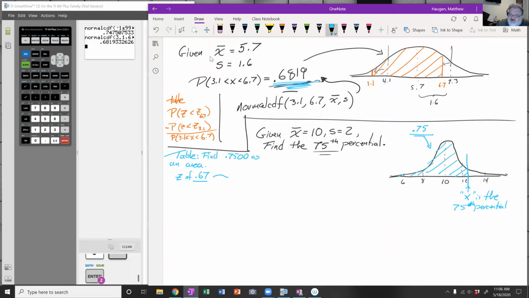Okay, given a z-score, we should be able to find our value. Got to go from a z-score to a value with our equation for z-scores. We know z is equal to the value minus the mean over the standard deviation. So if our z-score is 0.67 and our mean was 10 and our standard deviation was 2, we should be able to solve for that x.